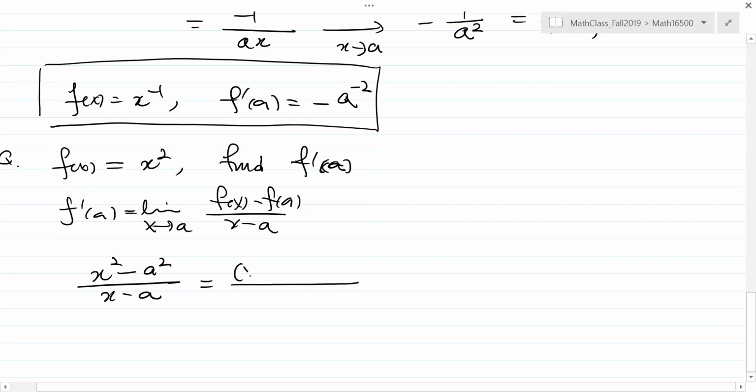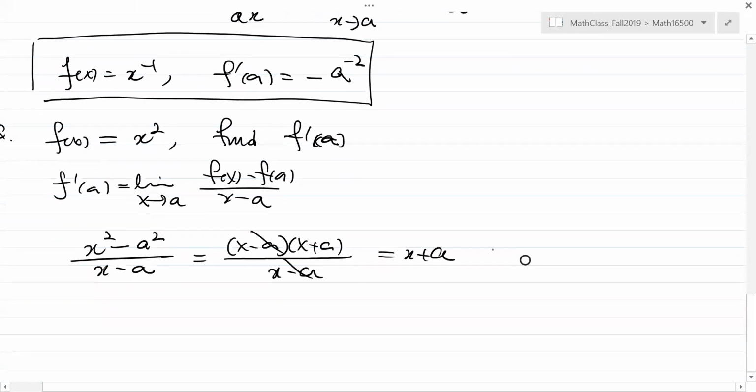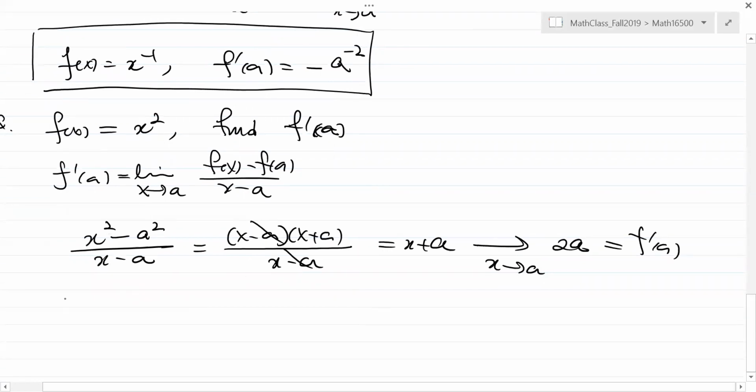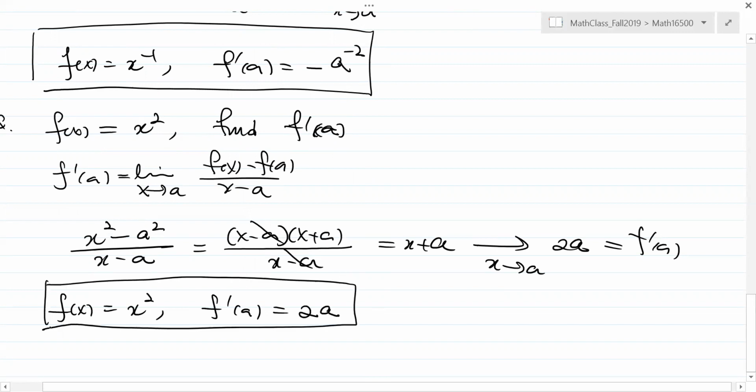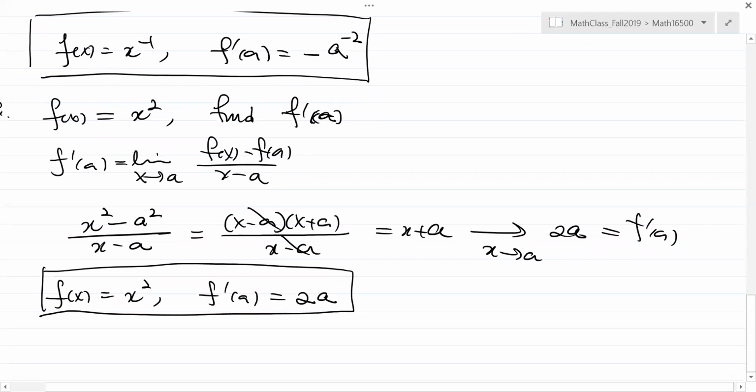We can simplify it. So x minus a cancels out. You get x plus a. Then you let x approach a, you get 2a. Great, that is my derivative. So if f of x equals x squared, then the derivative is 2a. We list this on the side, and we continue to do exercises.